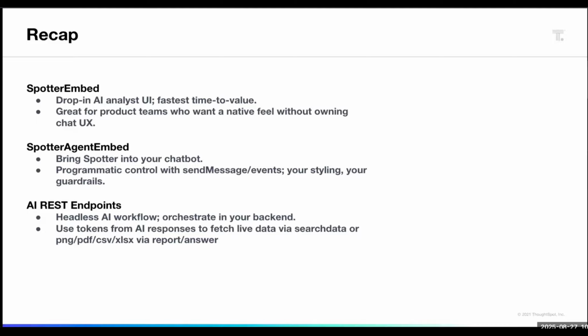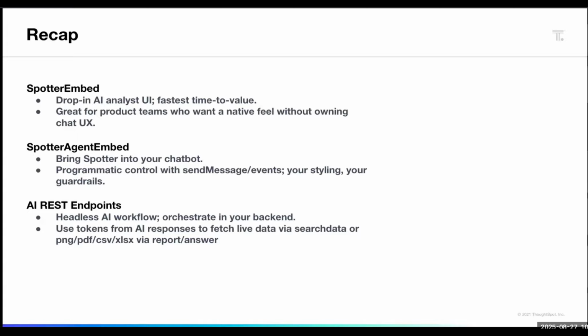And again, the REST API endpoints are a headless AI workflow. You orchestrate that in your back end. We're returning to you tokens that you can do some really interesting things with, or you can use the search data or report answers to pull down either an image of the file or the data itself.